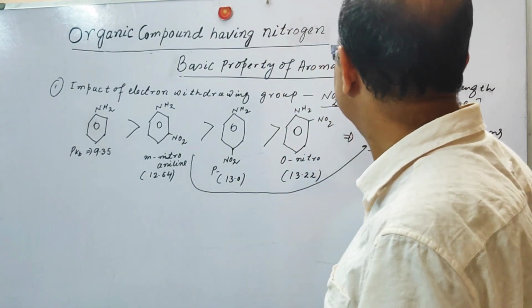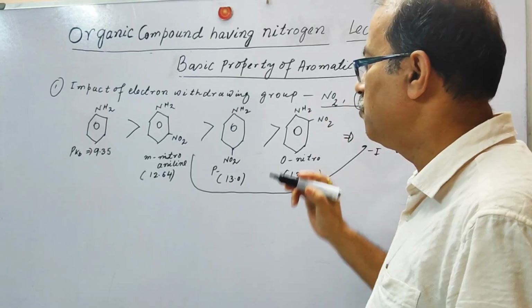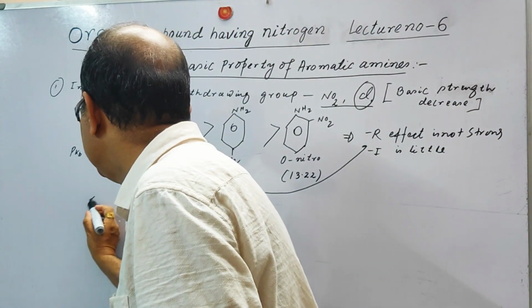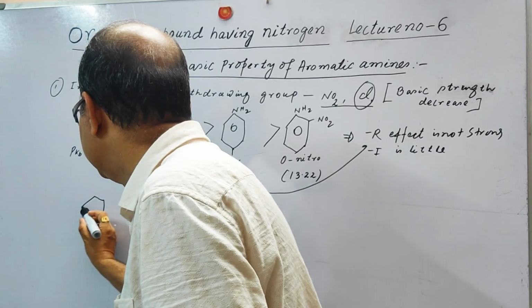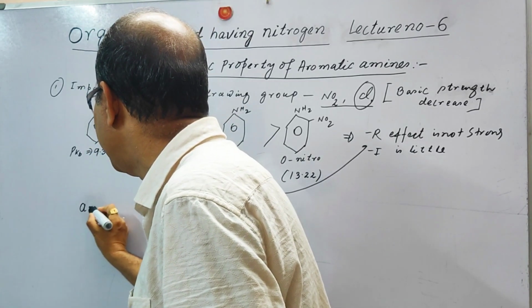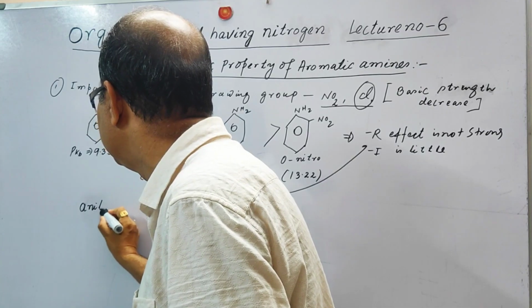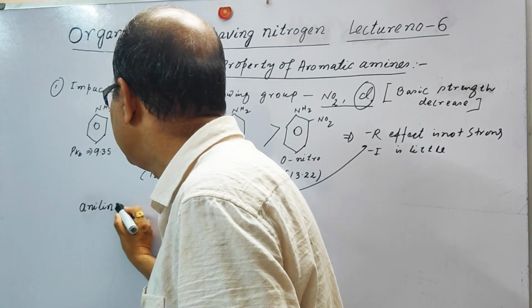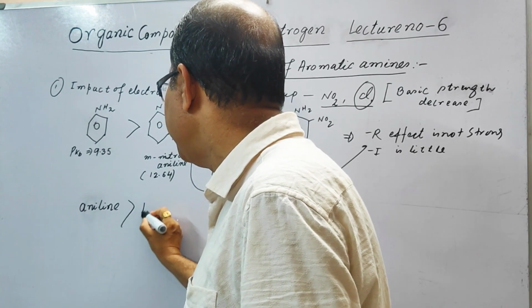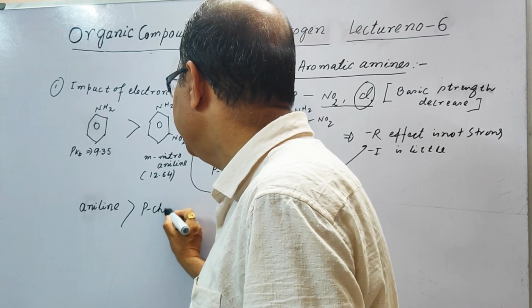Now we are going to take the chloro group. When the electron withdrawing group is chloro, at that time also we can see aniline will be the highest, followed by para-chloroaniline.